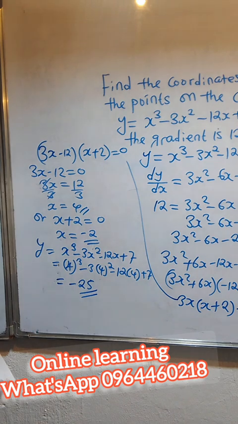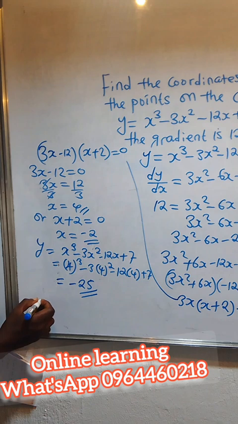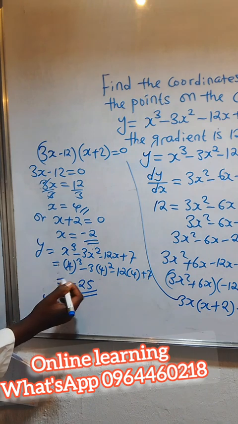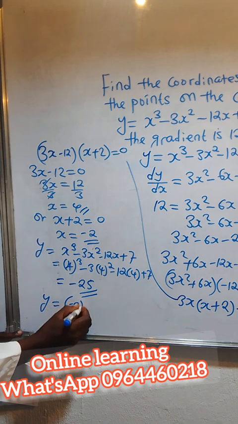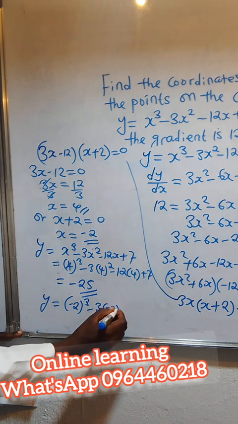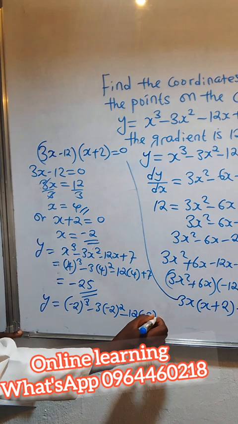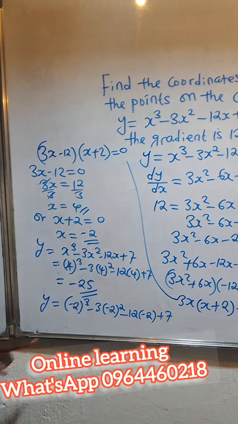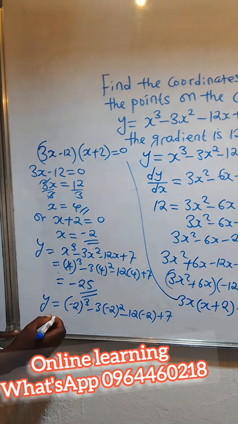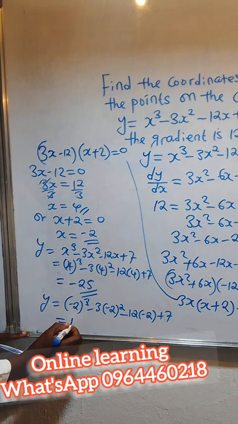Then you do the same with x is negative 2, so y is negative 2 to the power 3 minus 3 times negative 2 to the power 2 minus 12 times negative 2 plus 7. Once you work that out, you are going to get 11.